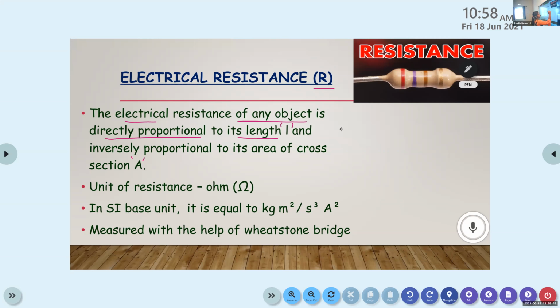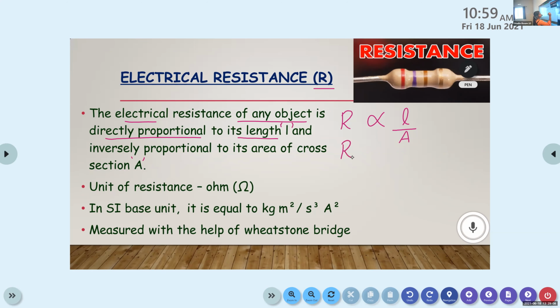So we can formulate that equation. Electrical resistance R is directly proportional to L, inversely proportional to A. That means it is directly proportional to length and inversely proportional to the area of cross section.